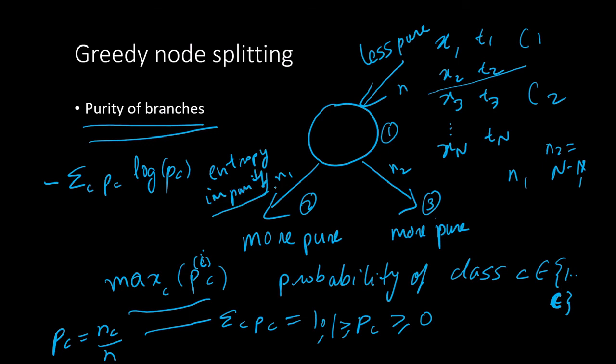Another way of looking at it is to have the sum over C of PC times 1 minus PC. This is another measure of impurity, called Gini impurity.